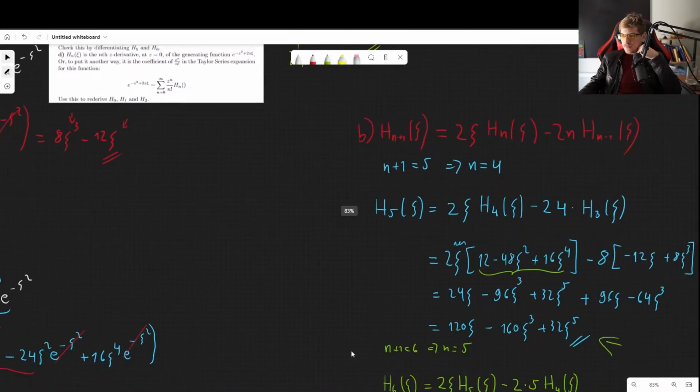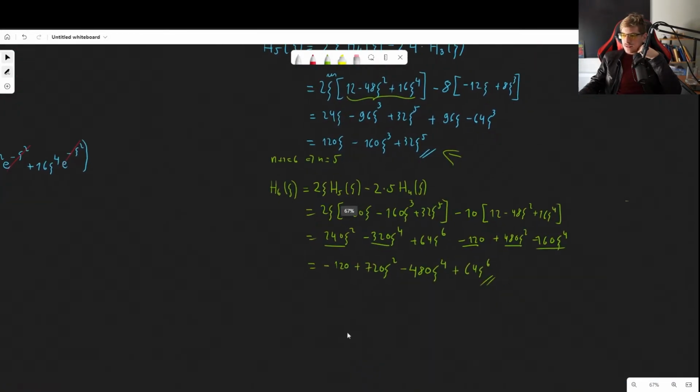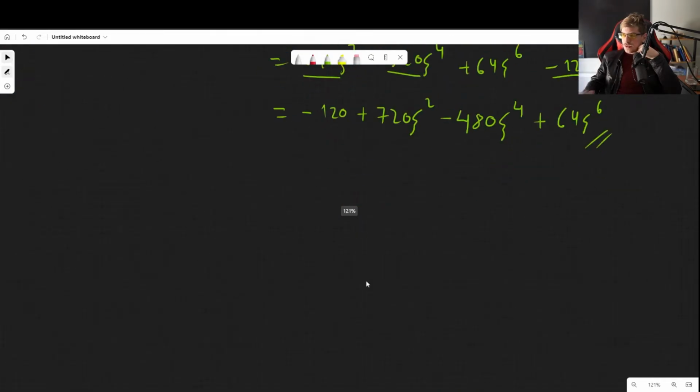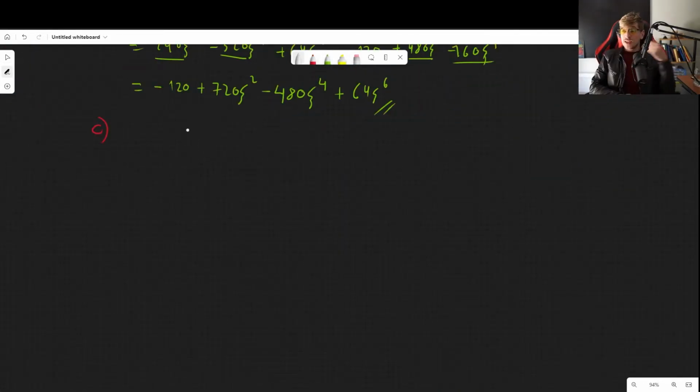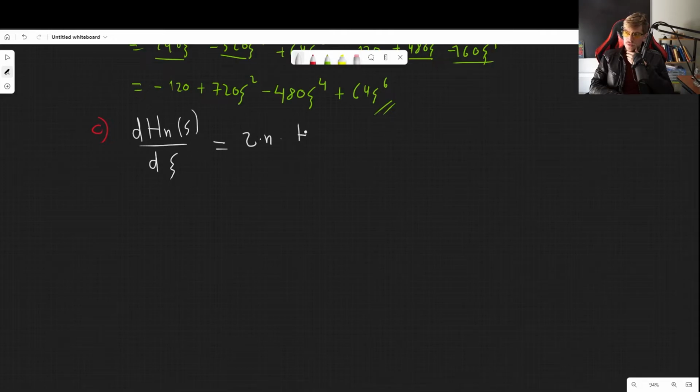So let's do that. So what the formula here says, I'm going to write it down here and we're going to do part C. So the formula that we saw says that if we take a Hermite polynomial of the nth degree or nth order, and we take the derivative with respect to psi, then we will get 2 times n times the Hermite polynomial of 1 order less.